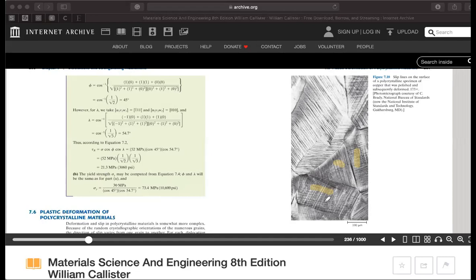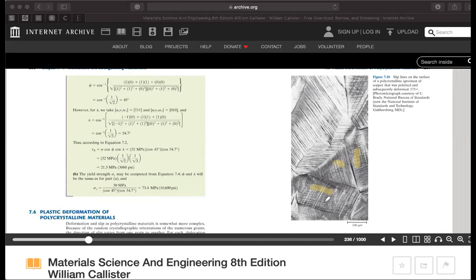What I want to say is that the resistance to plastic deformation in polycrystalline material is higher than in single crystalline material, because there are some constraints at the grain boundaries. Those grain boundaries are rigid and cannot be broken.